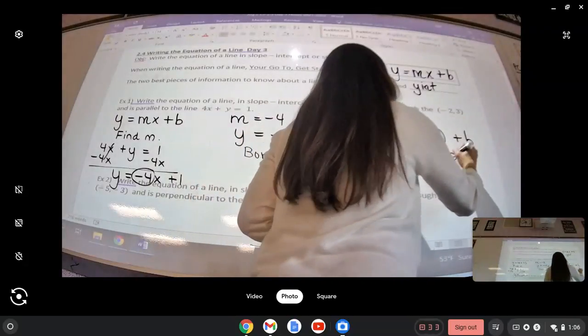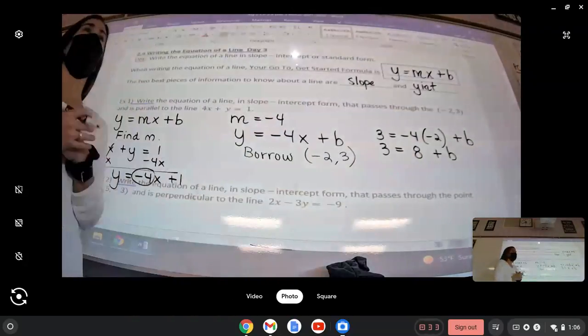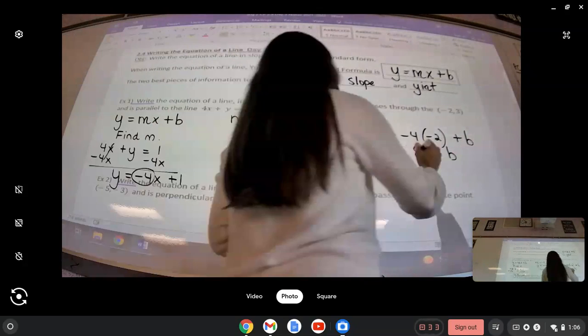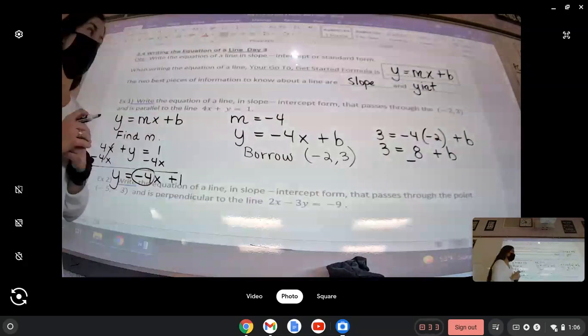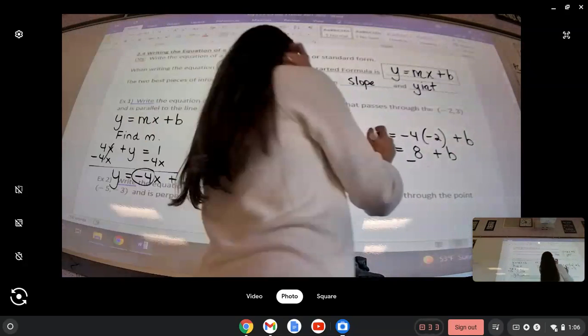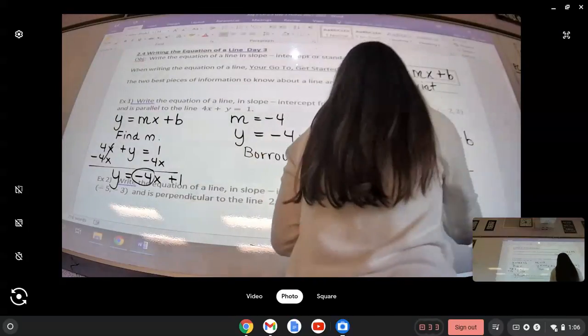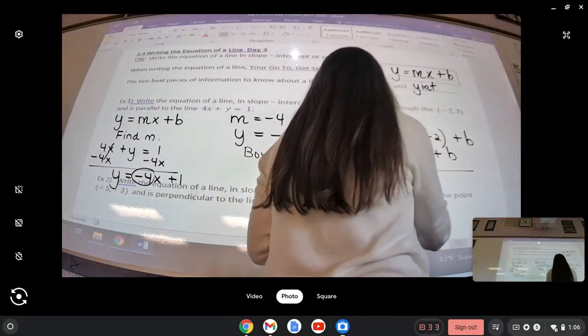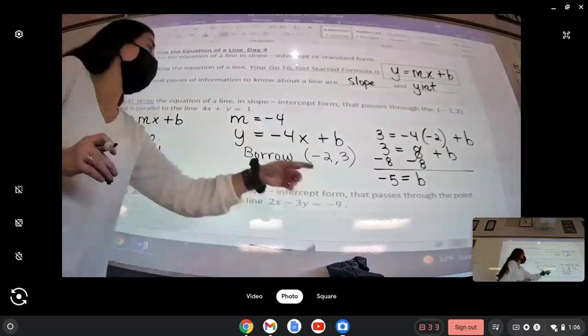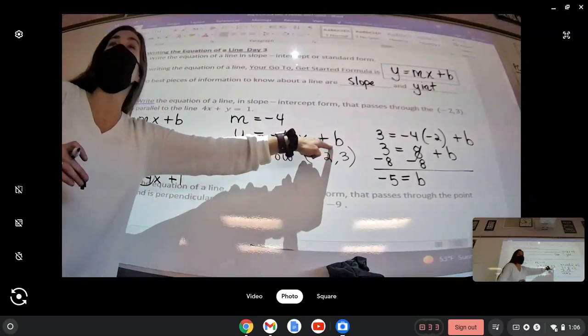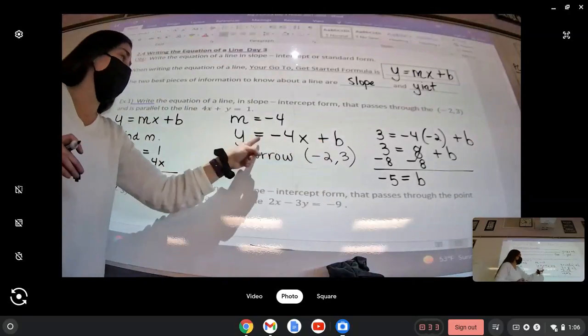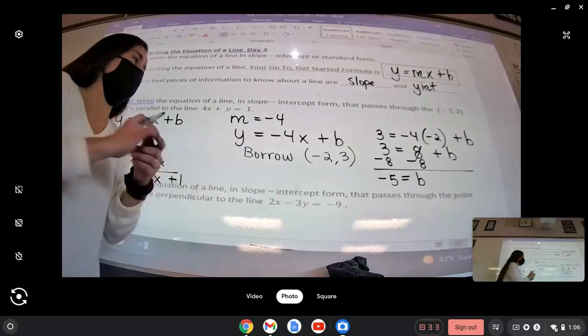What's the only thing you have to do to get B by itself and move the 8 away? Subtract it. Are you okay? Because you weren't here on Friday, so you're a day less of practice than us. And then B ends up being negative 5, right? And all you have to do is put B in right there, and your equation will be written. Y equals negative 4x minus 5.